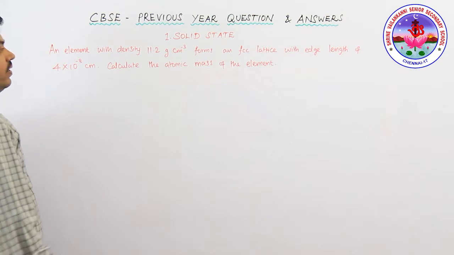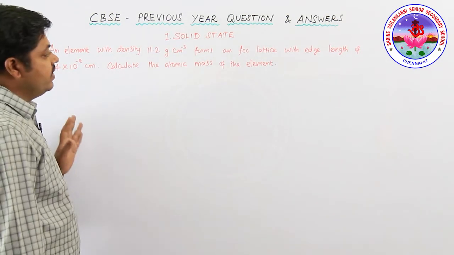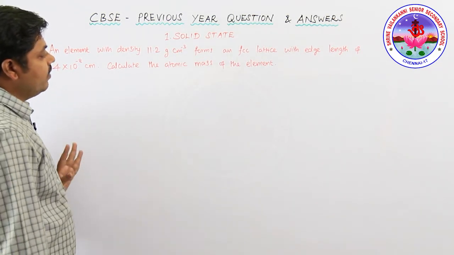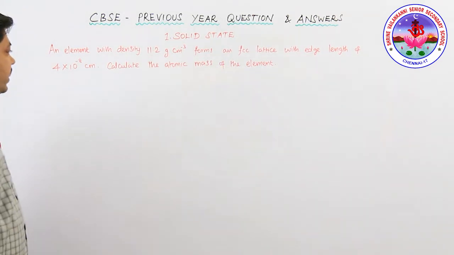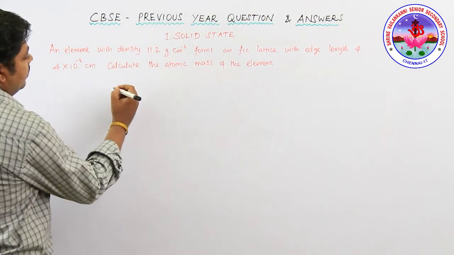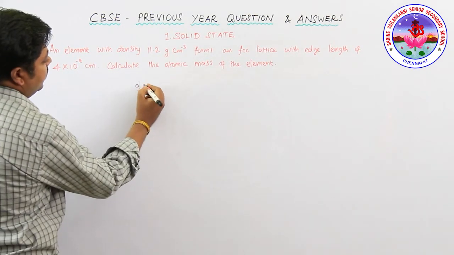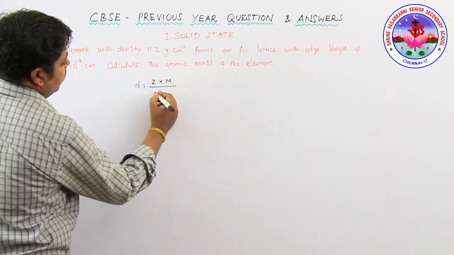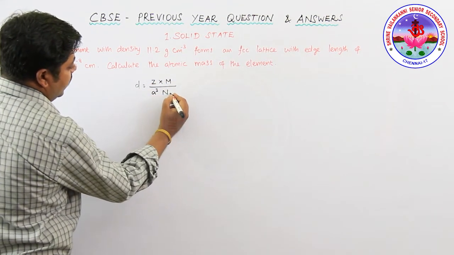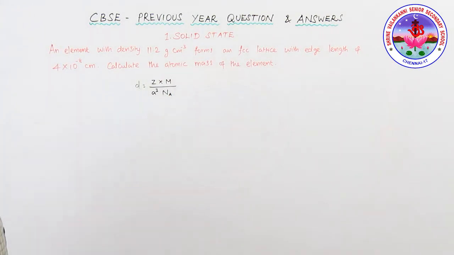We have already seen finding A and calculating Z. This type is finding the molar mass of the element. So first write the formula: D is equal to Z into M divided by A cube into Na.